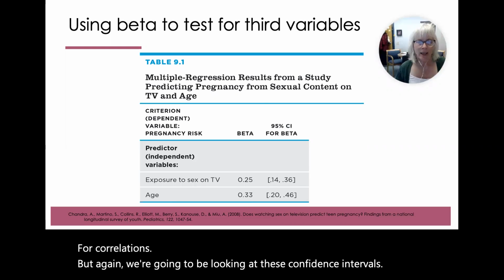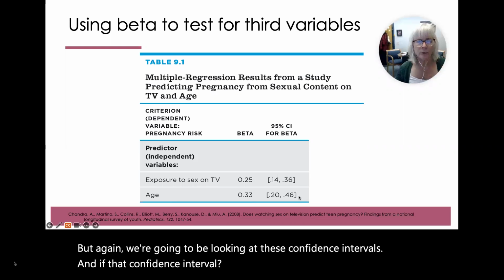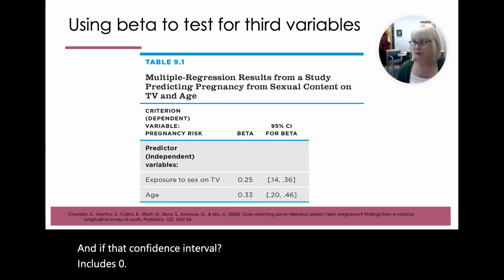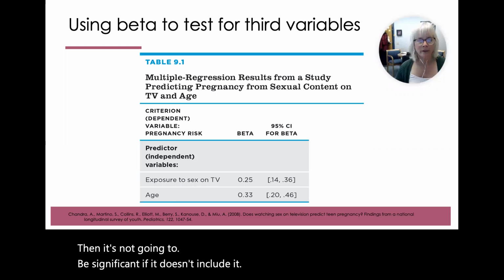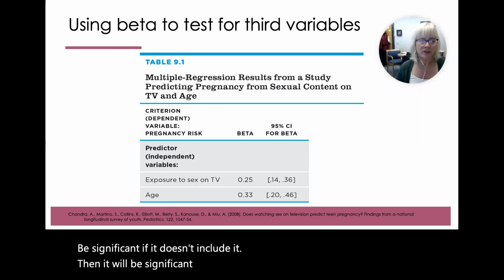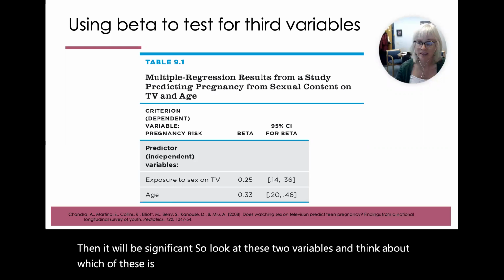And if that confidence interval includes 0, then it's not going to be significant. If it doesn't include it, then it will be significant. So look at these two variables and think about which of these is statistically significant.